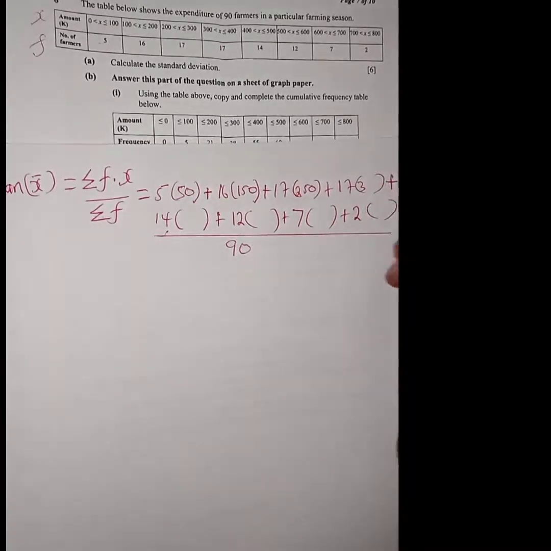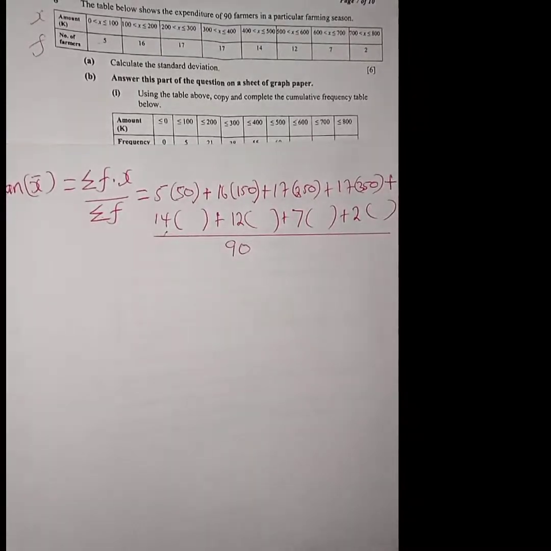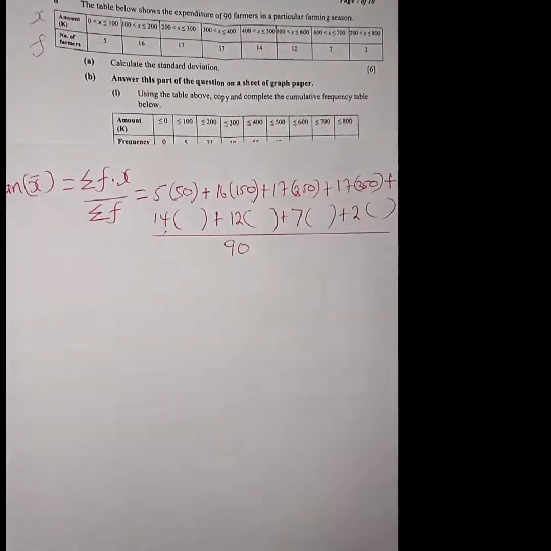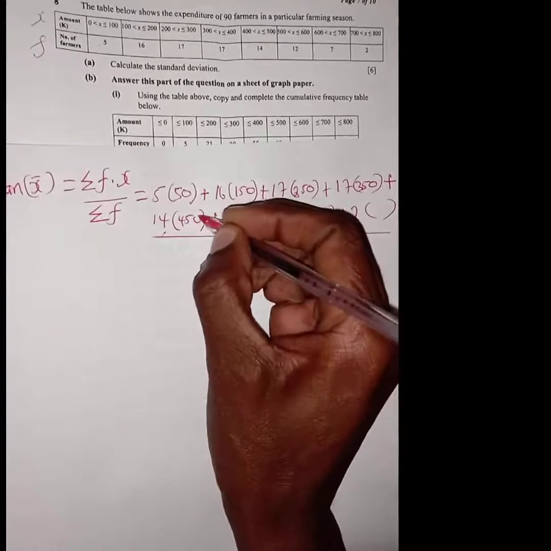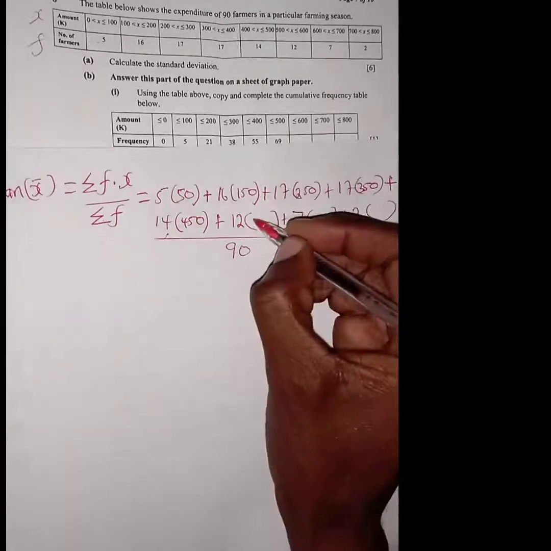So you'll be using a calculator to do this in an exam. Don't waste time to try to think, just use your calculator because time won't be with you. Next, we're on 14, 400 plus 500, that is 900, divide by 2, that is 450. Next, we have 500 plus 600. What do you get? This is 1100, divided by 2, you get 550.